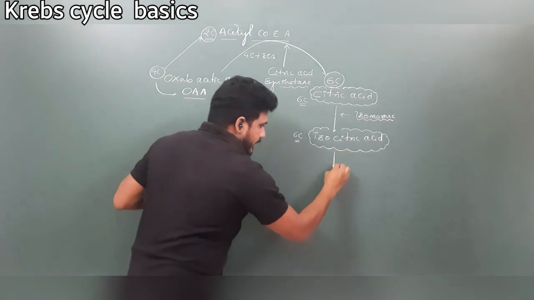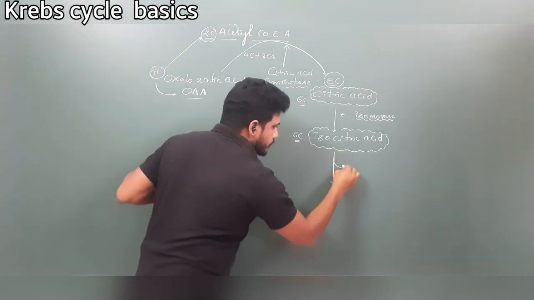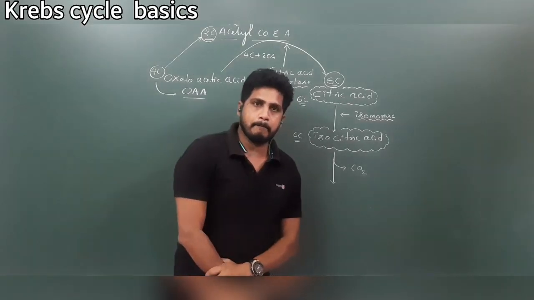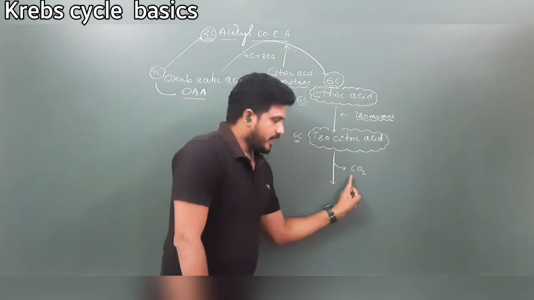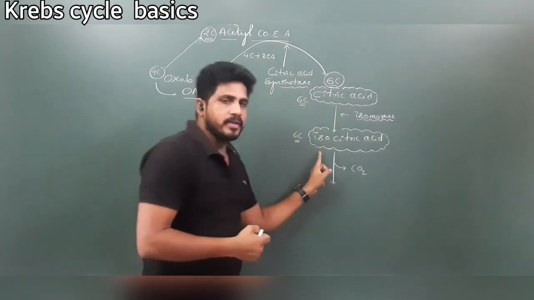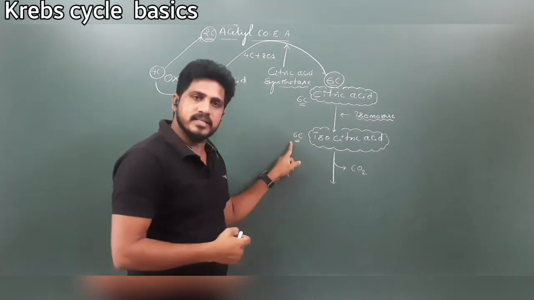This isocitric acid is able to lose 1 carbon in the form of carbon dioxide. Remember, carbon dioxide is released not directly from citric acid, but from isocitric acid. Isocitric acid is 6 carbon.